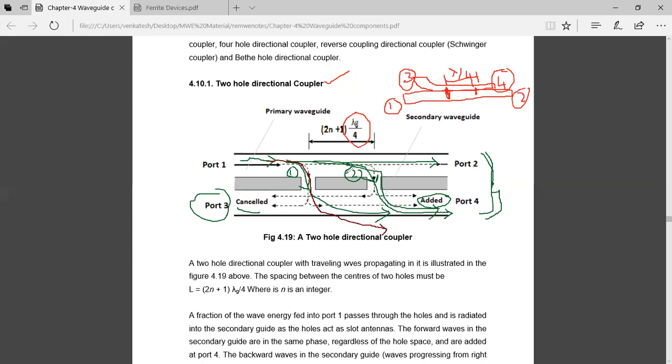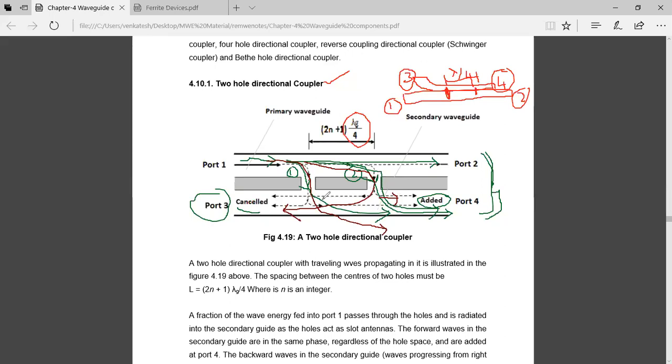And there is also a possibility that the signals moving from the second hole may come back. Concentrate: when port 1 releases energy, a part of the energy comes out from hole 1, and from hole 2 it may go to port 4, and part of the signal has a scope to come back toward port 3.